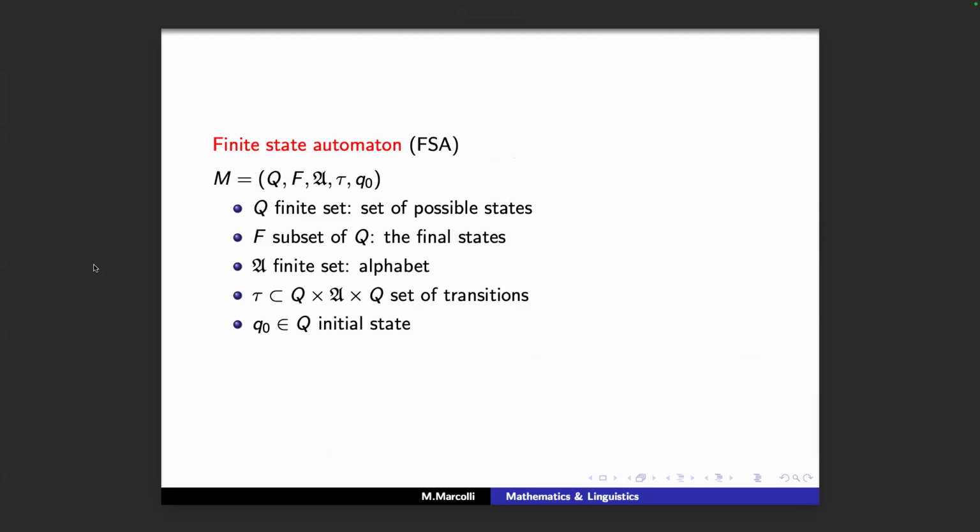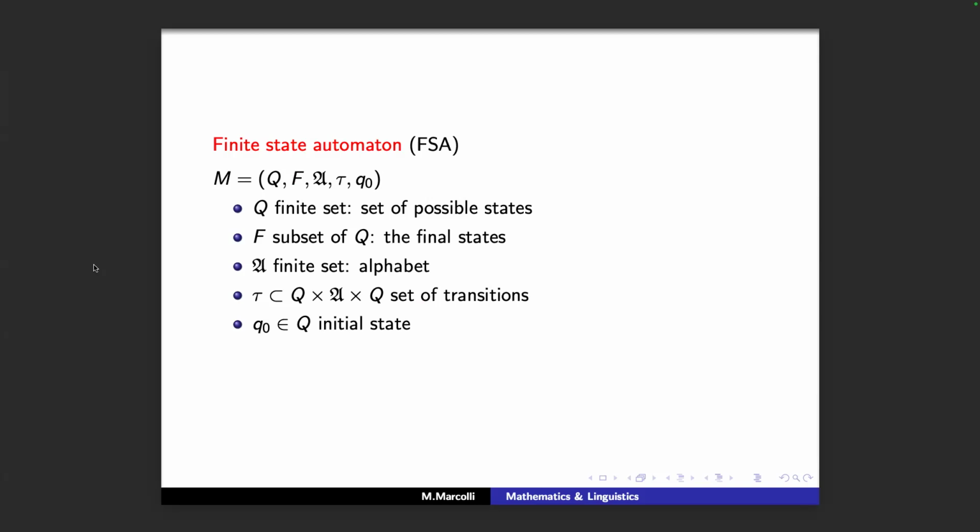I've already shown the pictures, so it's just a matter of formalizing those. When you say that something is a finite state automaton, you have a finite set of possible states of the machine. Of course, these are going to be the vertices of your directed graph. One or more of them are marked as the final states, like sinks of your directed graph, and you assume that you have one initial state.